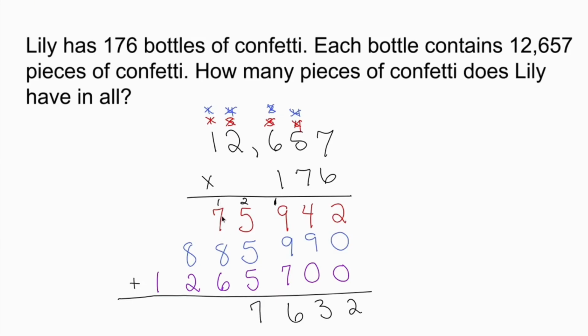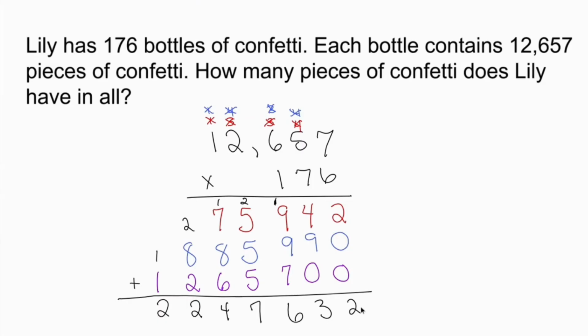1 plus 7 is 8. 8 plus 8 is 16. 16 plus 6 is 24. Write out your 4, carry the 2. 2 plus 8 is 10. 10 plus 2 is 12. Write out your 2, carry the 1, and 1 plus 1 is 2.